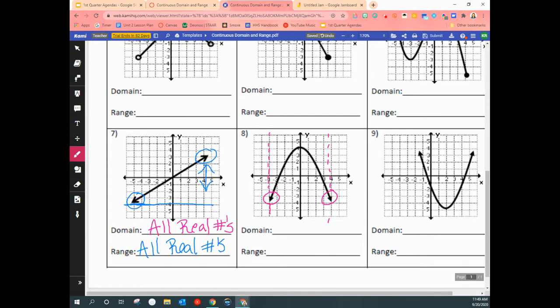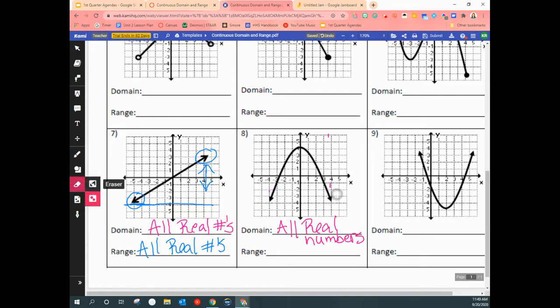I can't block it in with these borders right here. I can't say it stops here because it doesn't. It keeps going left and right. That's what those arrows mean. This upside down U-shape, kind of like a rainbow, is getting wider and wider and keeps growing forever. So our domain is going to be all real numbers. I'll write out numbers this time: all real numbers. Okay, glad we cleared that up.